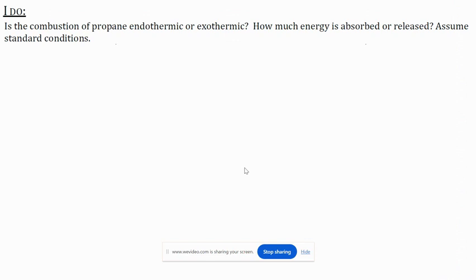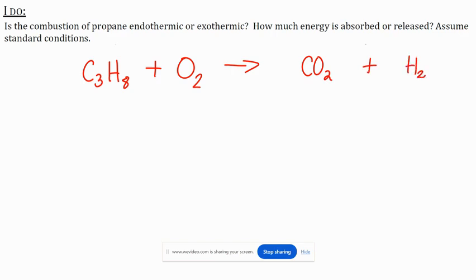So C3H8. We are going through combustion, so what else do we need there? Oxygen. And we are going to go through complete combustion. So our products are going to be CO2 and H2O.